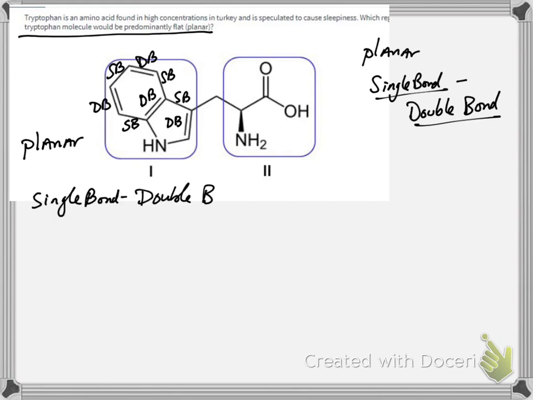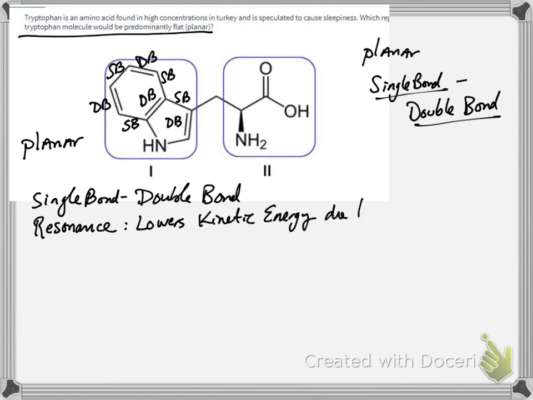Now, another aspect of the single bond, double bond combination is that it results in resonance. So there's a delocalization of electrons throughout this portion of the molecule, in region 1. And what does that do? That lowers the kinetic energy of the system due to bigger molecular orbitals. So this delocalization, resonance, causes increased delocalization through bigger orbitals.